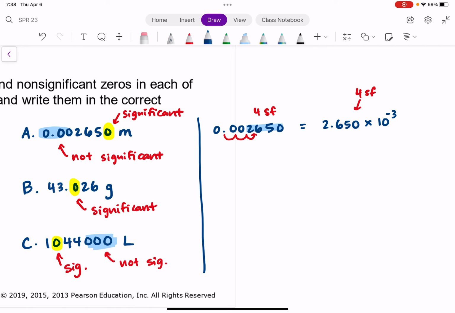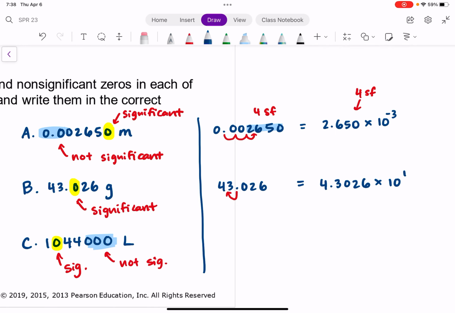Okay. All right, for the next one, 43.026. Let's go ahead and make that into scientific notation. We're going to move that decimal point until we have a number between 1 and 10. So that's going to be 4.3026 times what? 10 to the positive 1 or negative 1?